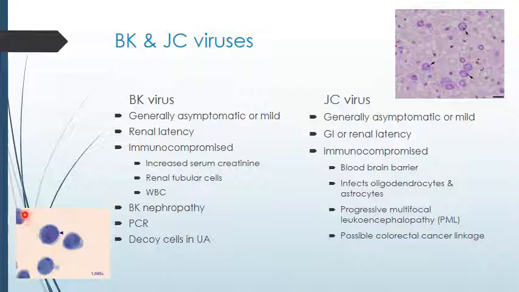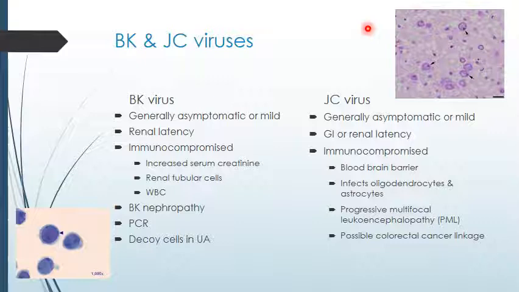You have some strange projections from the nucleus, and the nucleus is of course also enlarged. So these are called decoy cells, and these are actually malignant-looking cells from within the kidney that have shed into the urine. But you would only see these with staining, so these would not look like much of anything if you didn't stain it.